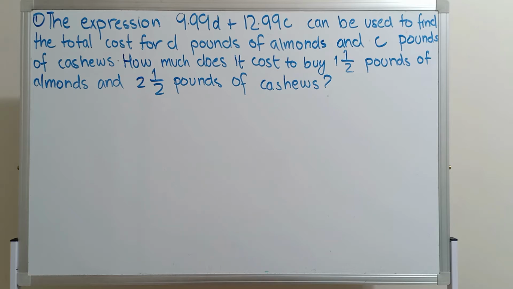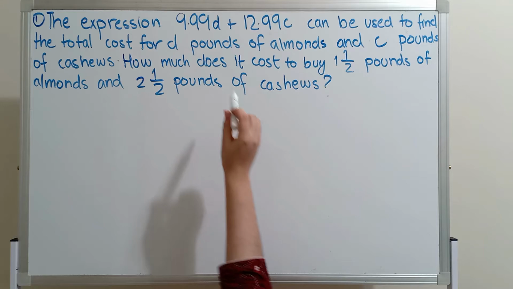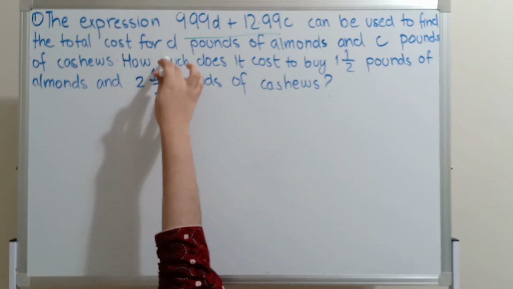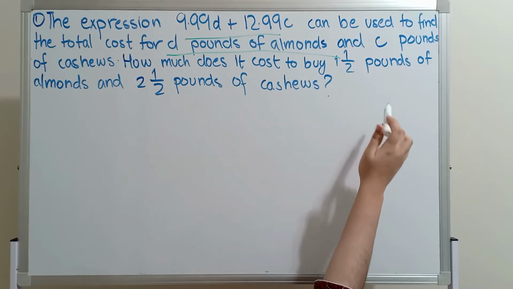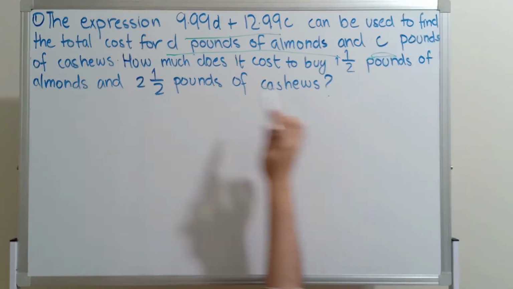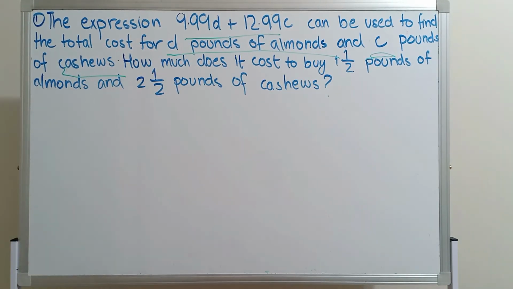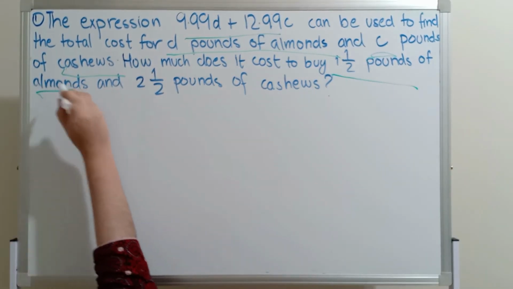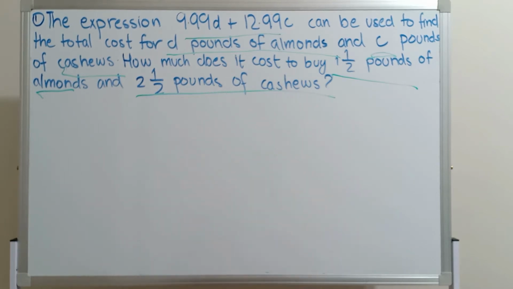We are given the expression 9.99D plus 12.99C, where D equals pounds of almonds and C equals pounds of cashews. We are going to substitute those D and C values with 1 1/2 pounds of almonds and 2 1/2 pounds of cashews.